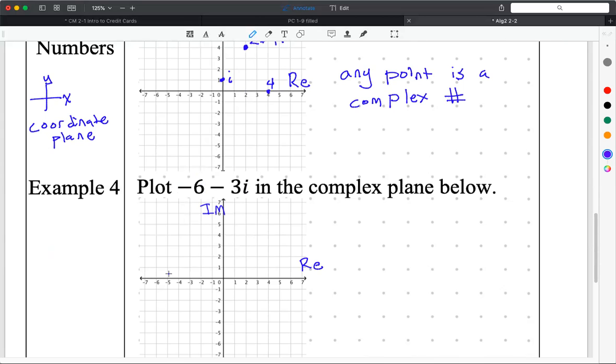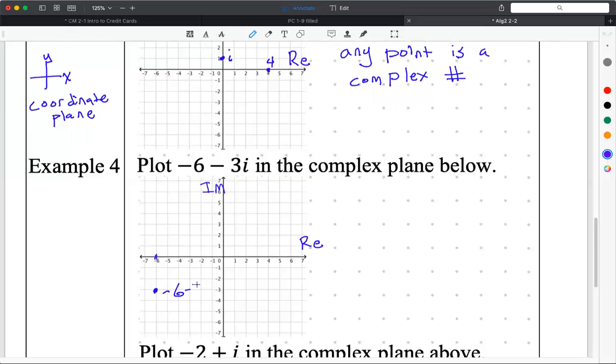Yep, left is negative, so I'm going to go left 6. So I'm right here. And then what about this? -3i. What do you think that means in terms of going up, down, left, right? Okay, so you're almost there. It's either going to be up or down because the imaginary is only going to go up or down. Is it going to be up 3 or down 3? Down? Down 3, yep. And there is Jenny's point, -6 minus 3i.